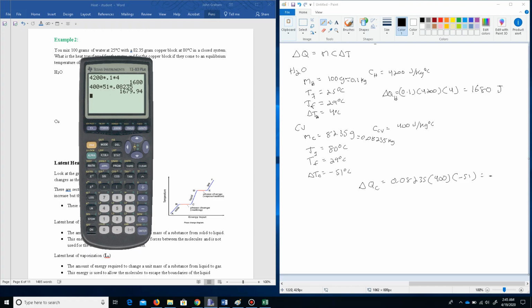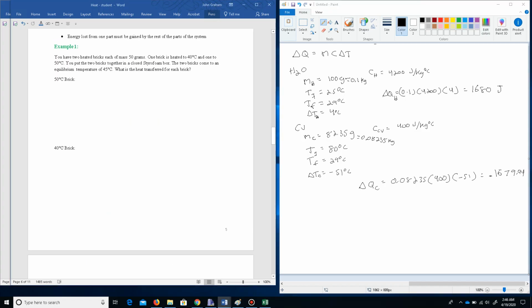And you get something very close to what we have, 1679.94. So most likely this 29 may have been a little bit off from what the actual temperature would be. It'd be like 29.001 or something like that to make it perfectly even. So that's just a little rounding error.